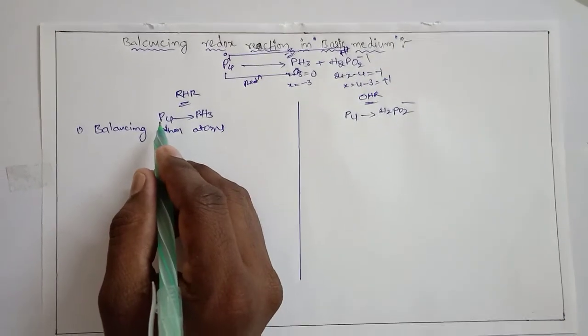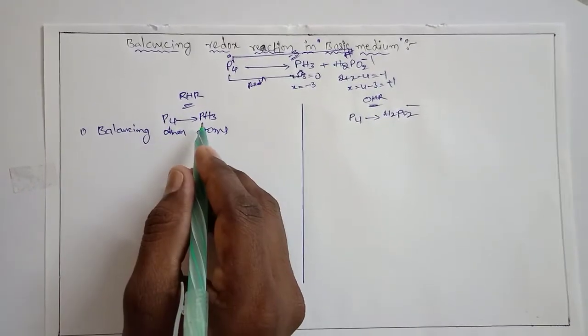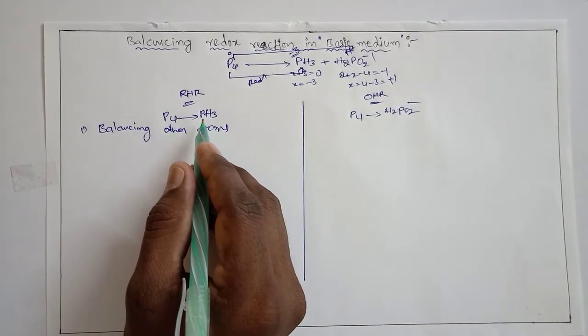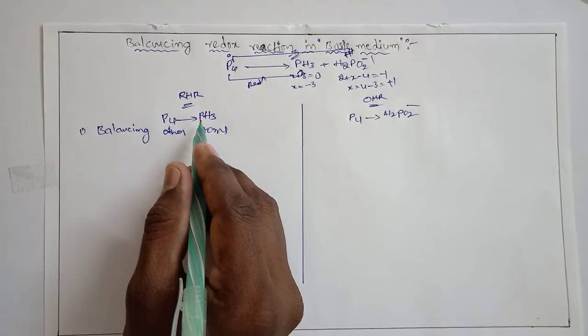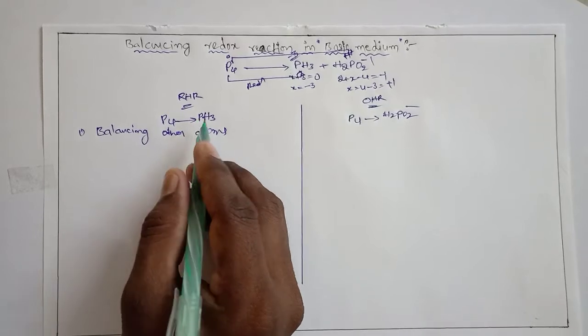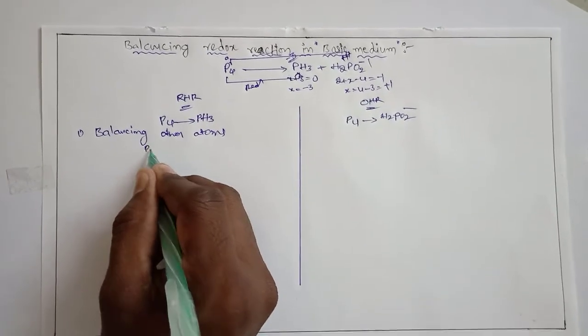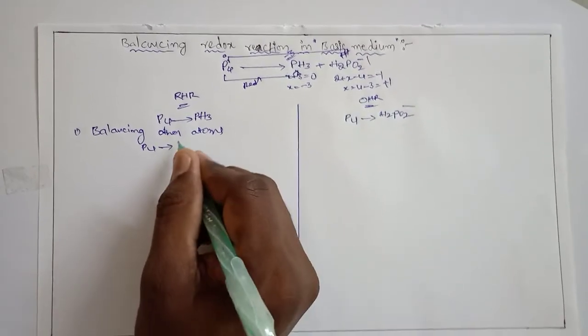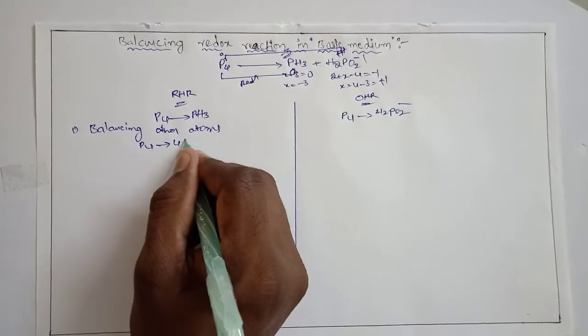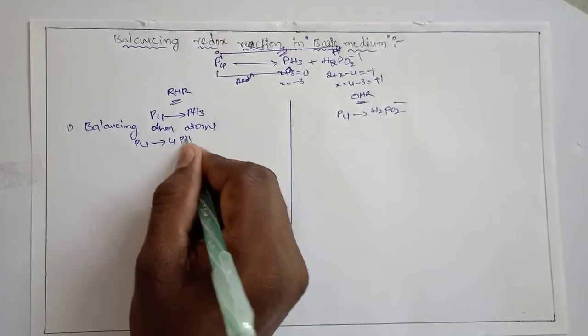Here 4 phosphorus atoms are present on the left, and on the right side only 1 phosphorus atom is present. To balance the phosphorus, multiply PH3 by 4. So now P4 gives rise to 4 PH3.